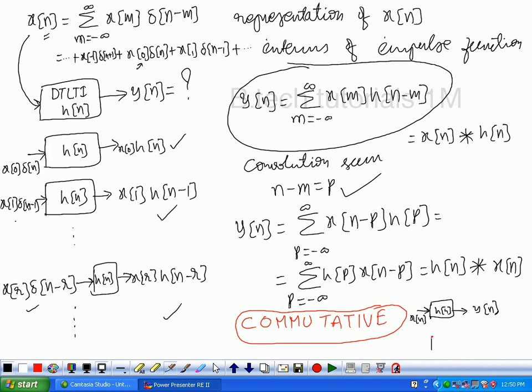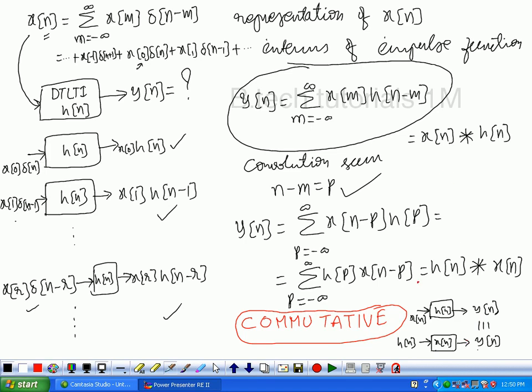Now, if you interchange the role of the input and impulse response, that is, here you write h of n and this is x of n, again what will you get? You will get y of n. Why? Because here y of n is equivalent to x of n convolution with h of n. Here y of n is equivalent to h of n convolution with x of n. These two are equal. Why? Because the convolution is commutative.